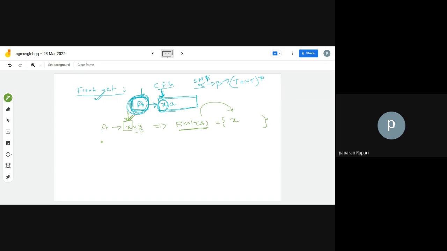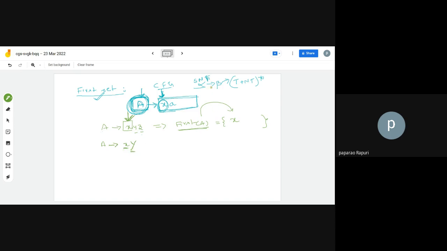For example, if any production is in the format of A derives x Y, here x is the small case letter and Y is the capital letter.